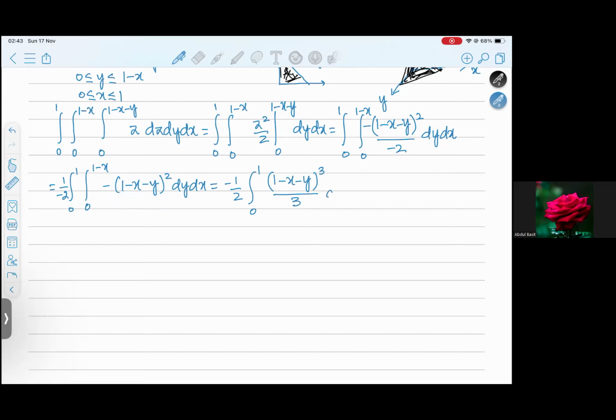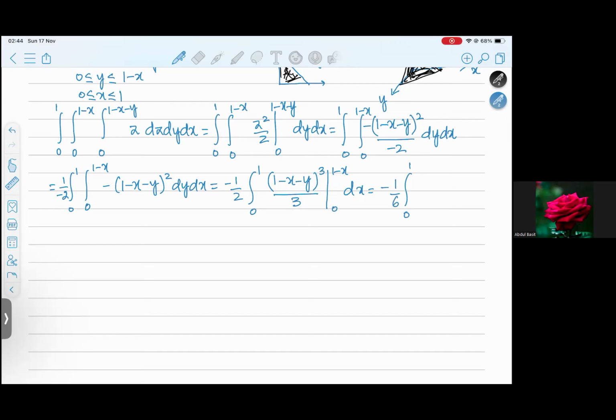So our integral will be, taking the 3 outside and evaluating at the limits, 1 minus x and 0. The integral will be -1 over 6 into the integral from x is equal to 0 till x is equal to 1.